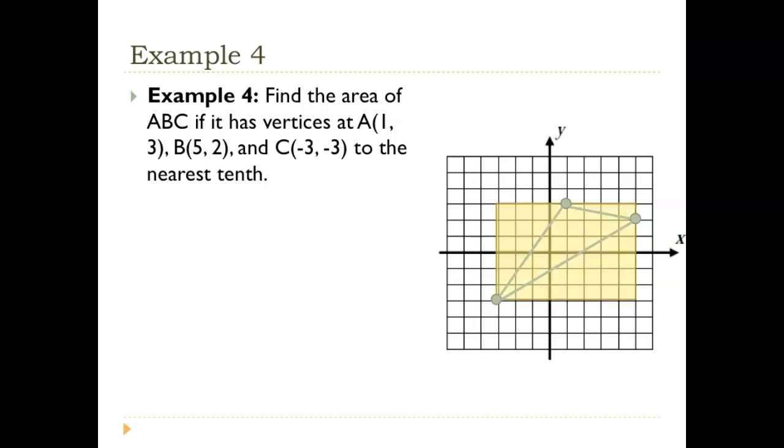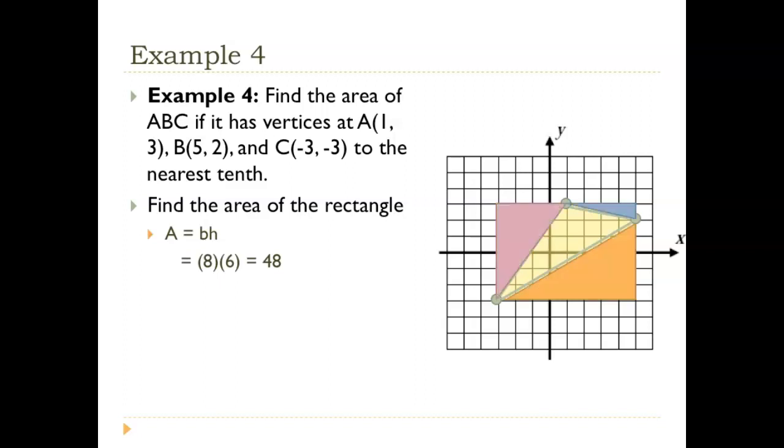So here's the rectangle that includes the entire triangle, and then we're going to subtract out some triangles on the corners. Let's start by finding the area of this rectangle. So the area of this rectangle is base times height, so that would be 8 times 6, which is 48. And now let's find these triangles and subtract those out.